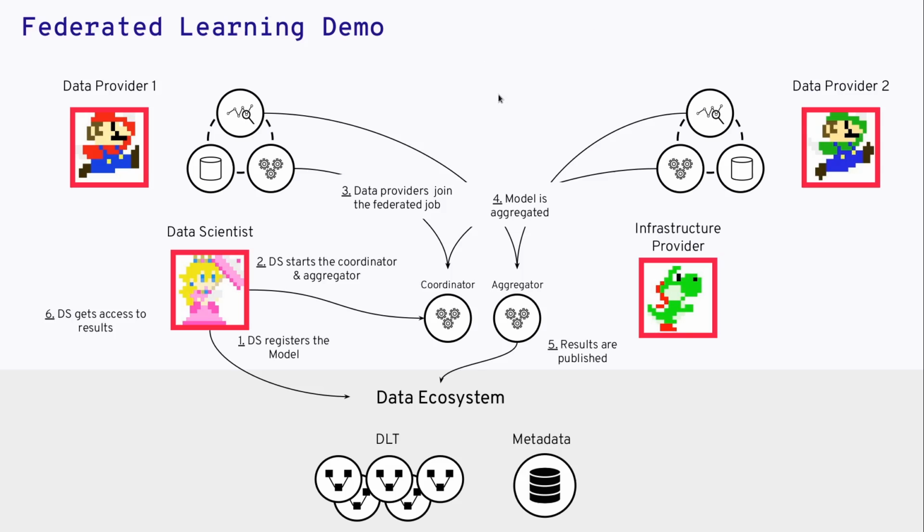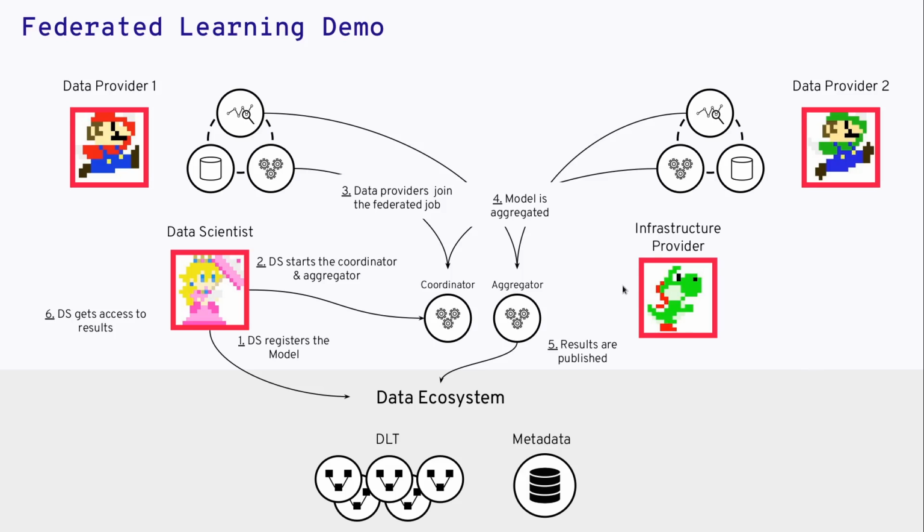So the setup that we're going to be using is the entire Nevermind stack. We will have the blockchain that will take care of all the access control to the data and all of the payments. We will have two data providers, each one providing a different data set, and we will also have an infrastructure provider.